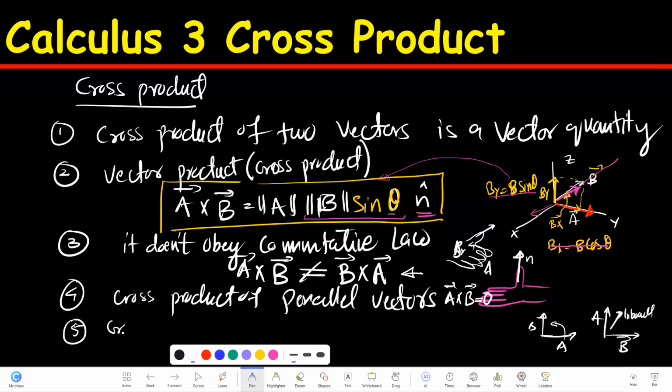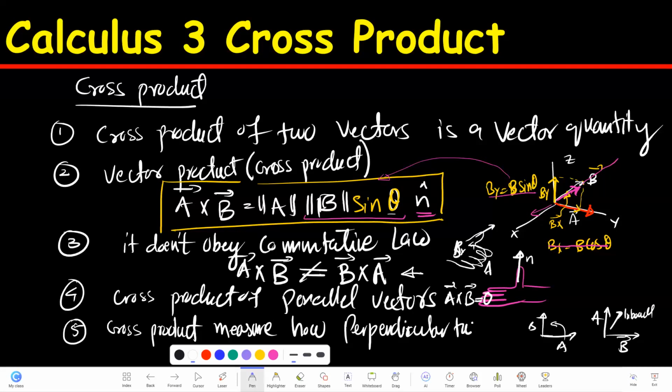And the cross product measures how perpendicular two vectors are, or how much 90-degree angle is common between the two.